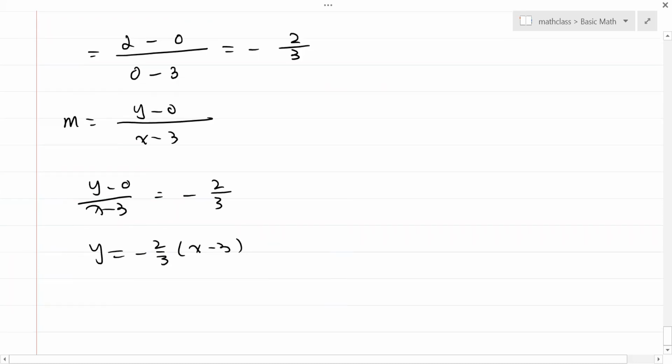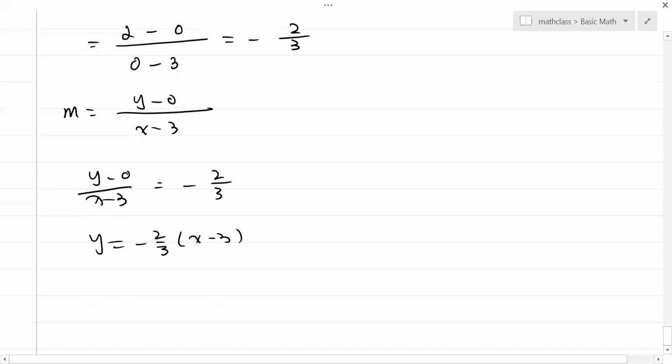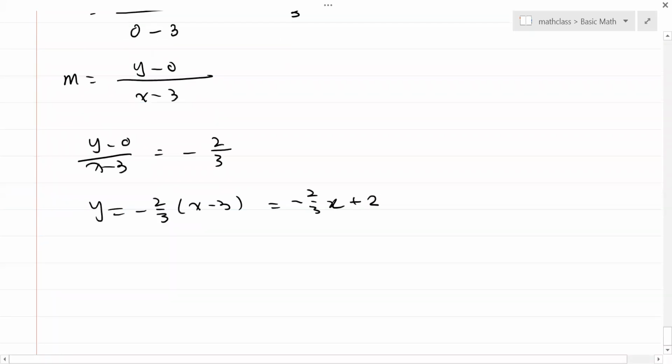Right. So after that, this is a good equation. Now you can multiply this out, and then you get 2 here. So that is a standard form for an equation. There are many ways to describe an equation. That's just one way. You see, this is the slope, and this is the y-intercept.